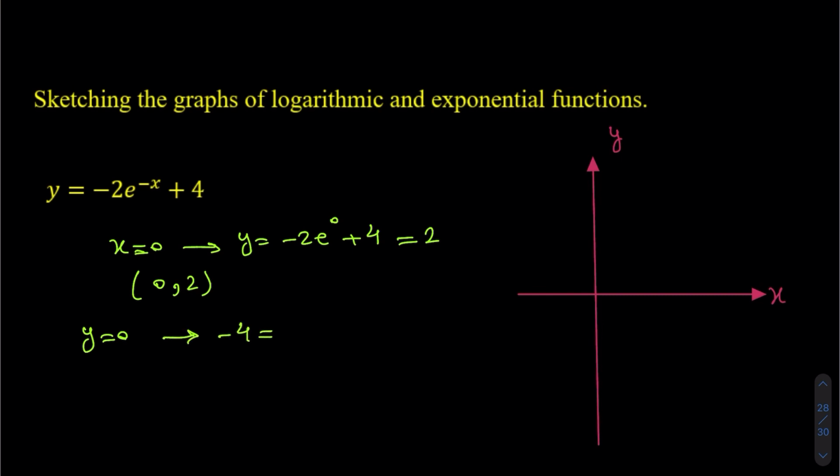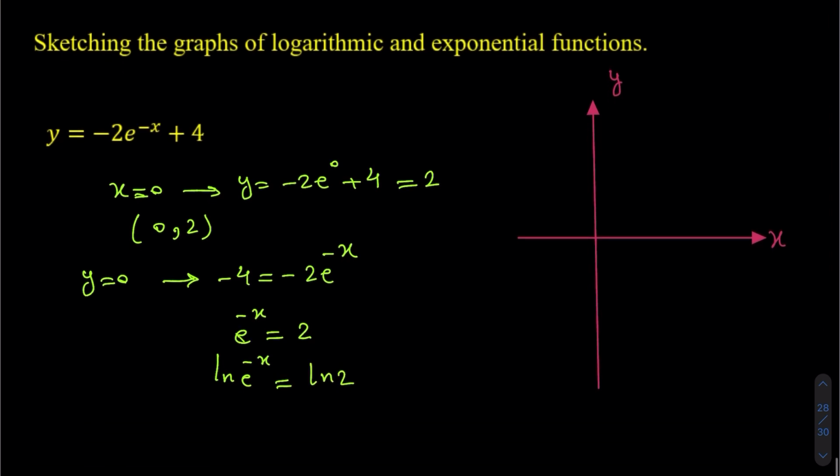minus 4 is equal to minus 2e to the power of negative x, because I moved 4 to the other side of the equation. Therefore, e to the power of negative x will be equal to 2. And then I will take ln from both sides. Ln e to the power of negative x is equal to ln 2, right?